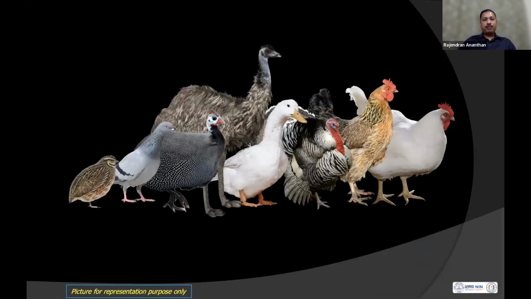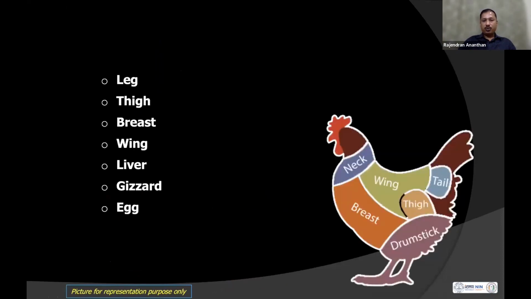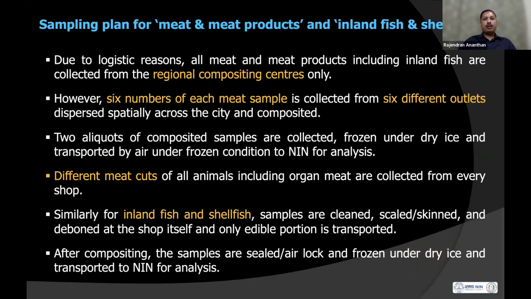We even purchased different poultry products, including different parts of poultry, chicken meat, meat and meat products, inland fish and shellfish. We did not collect these from all 107 sampling centers, because a lot of logistic problems were there in bringing them from each center.